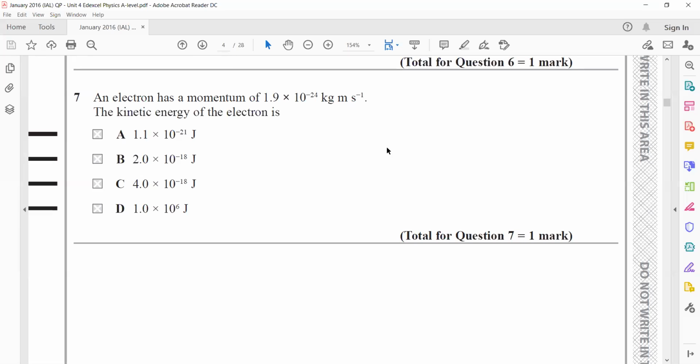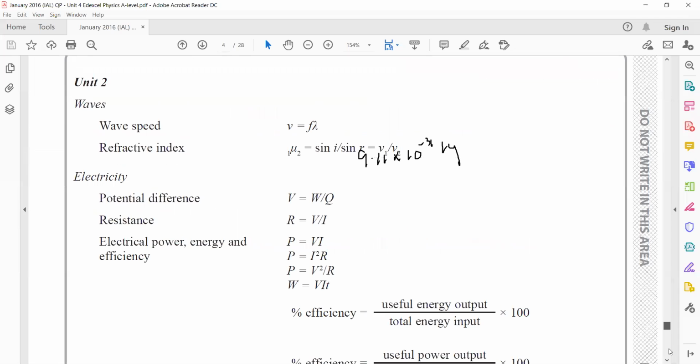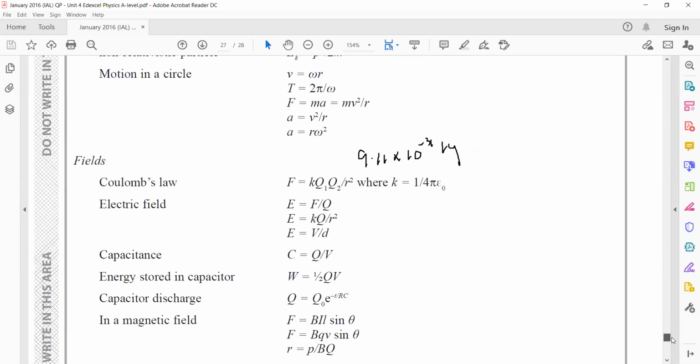Sir, what is the mass of the electron? Mass of electron is 9.11 times 10 to the power minus 31 kilogram. In the exam, you can see it in the last part, the constants.